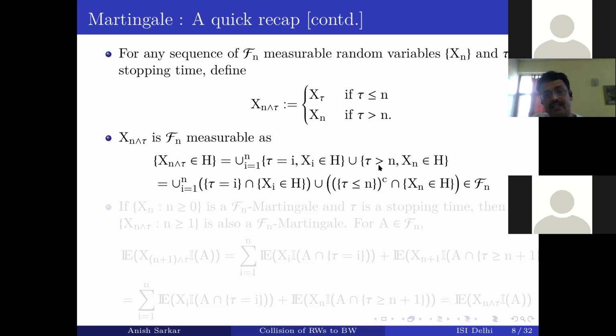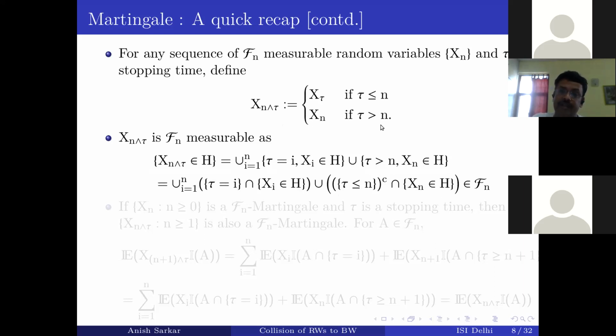For the second case, when tau is bigger than n, what happens to xn minimum tau? It is equal to xn. So h is going to be tau bigger than n and xn in h, and we can write this as tau less than or equal to n complement, intersection xn in h.